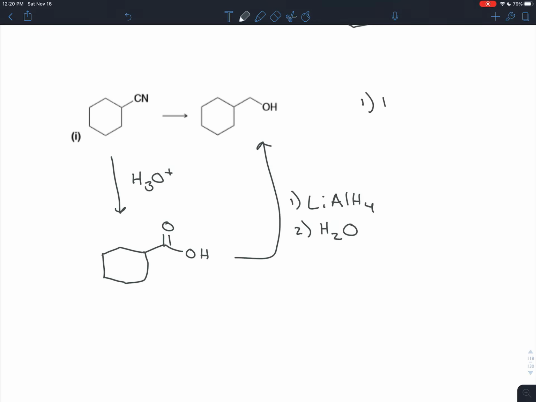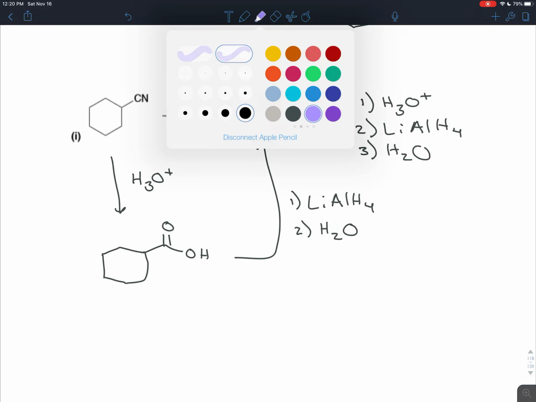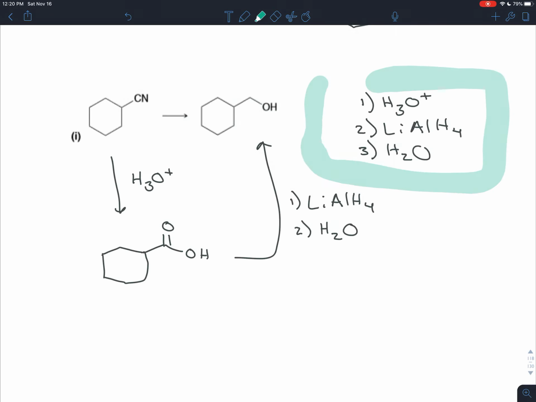So overall, the whole recipe for this one would be hydronium, followed by lithium aluminum hydride, followed by a water wash. And that would allow you to turn that nitrile into an alcohol.